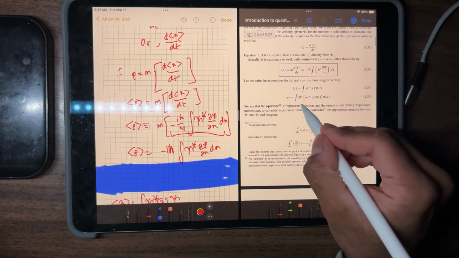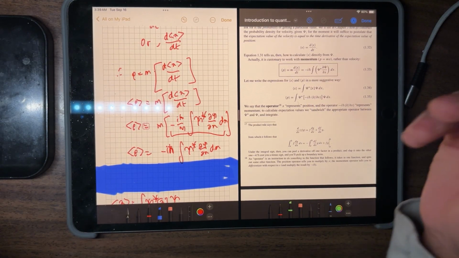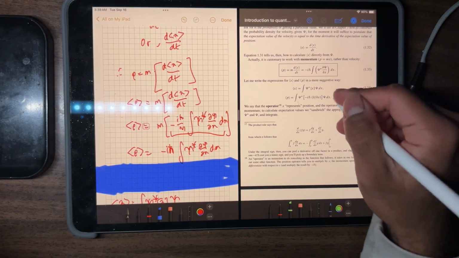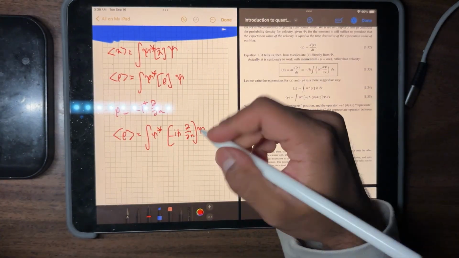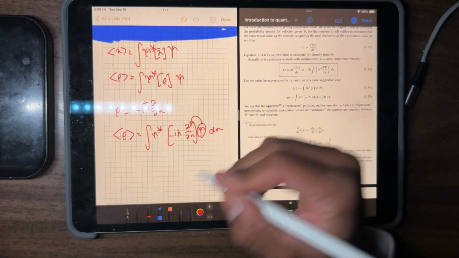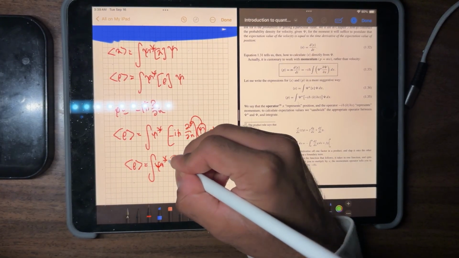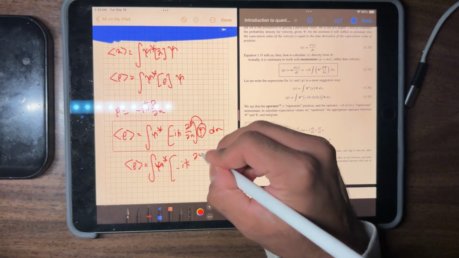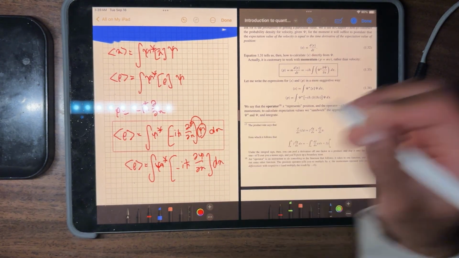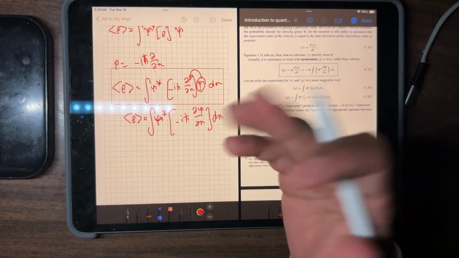If I were to write the equation again, psi conjugate minus iota h bar curl psi by curl x dx, but we're not writing it like that. Why?